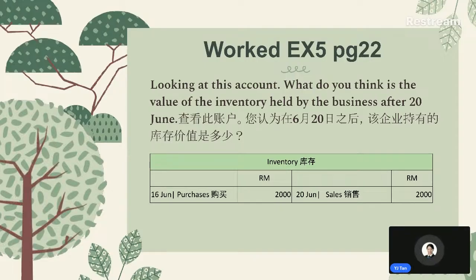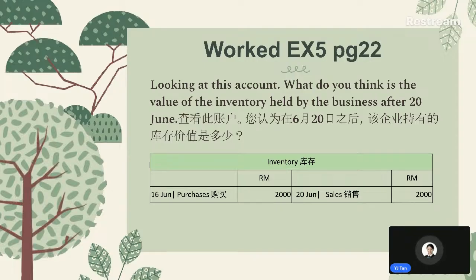And on 20th of June, something happens. The business sold the inventory valued at 2,000. So it looks like there is no inventory, because purchase of 2,000 and then sold off at 2,000, all balanced. That means zero remaining.